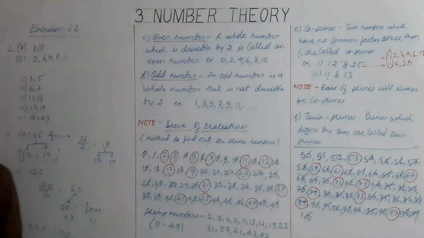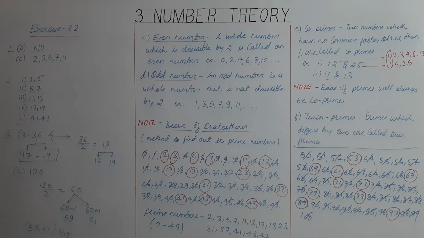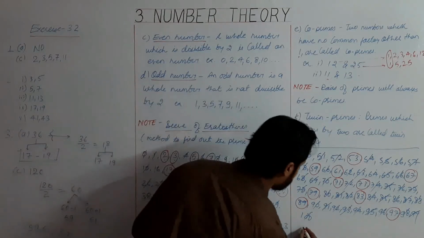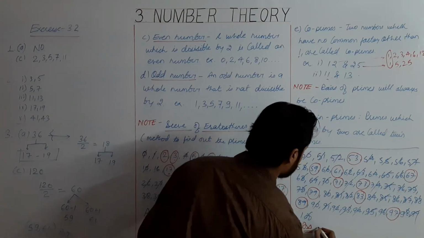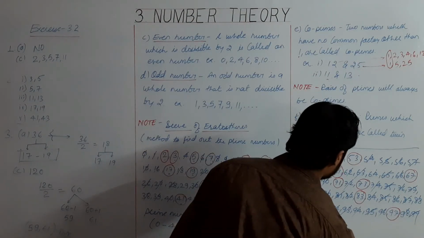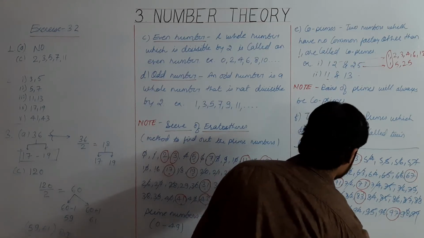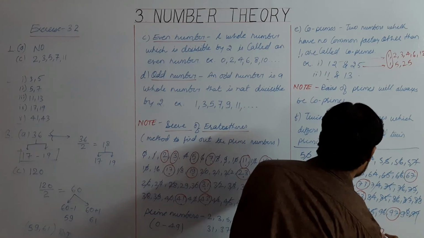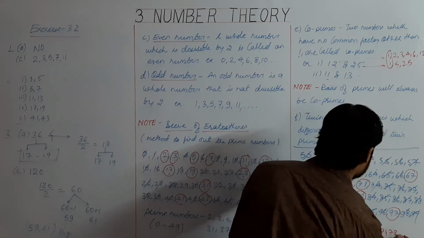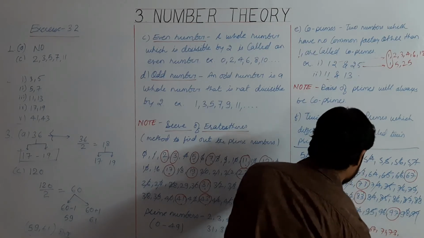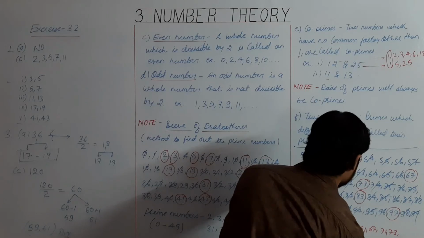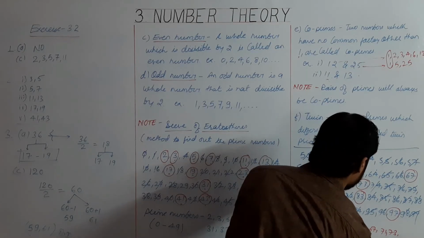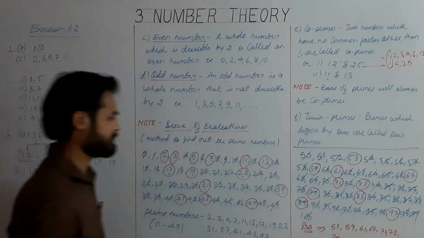These are all the prime numbers between 50 and 100. So I'll write this. Answer: all prime numbers are 53, 59, 61, 67, 71, 73, 79, 83, 89 and 97.